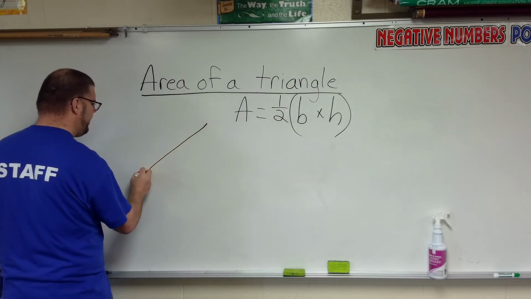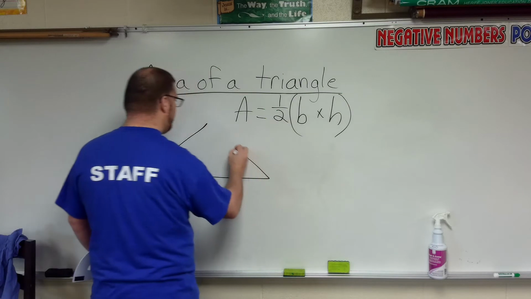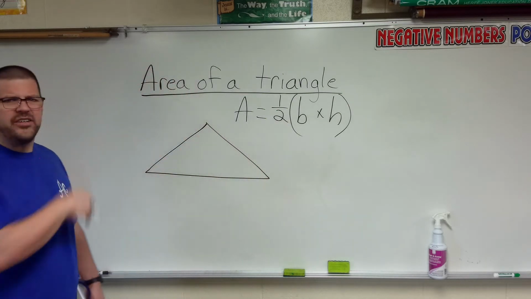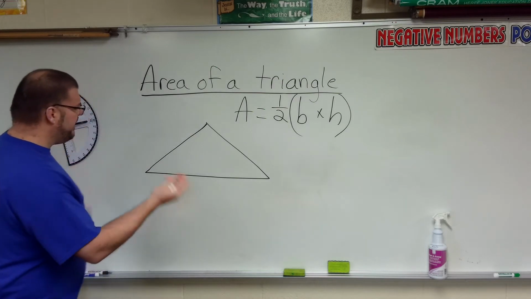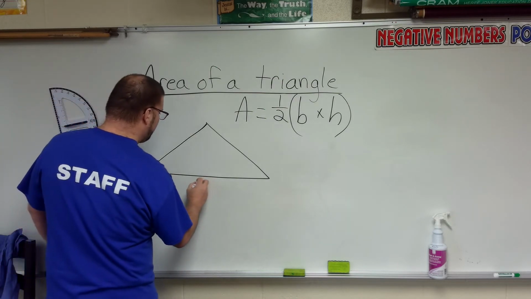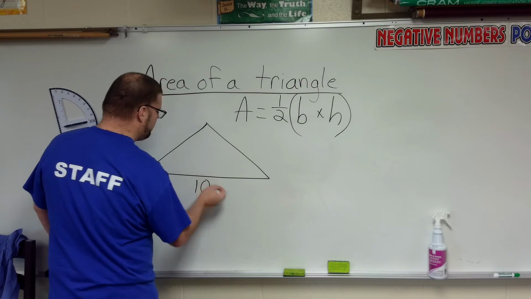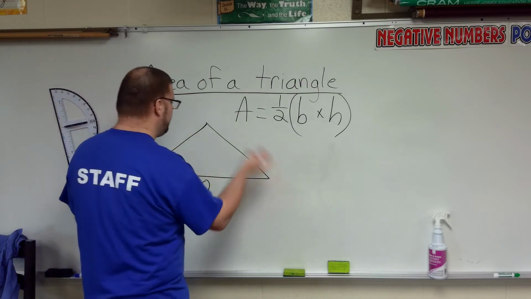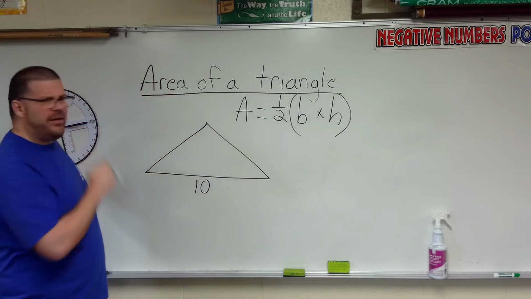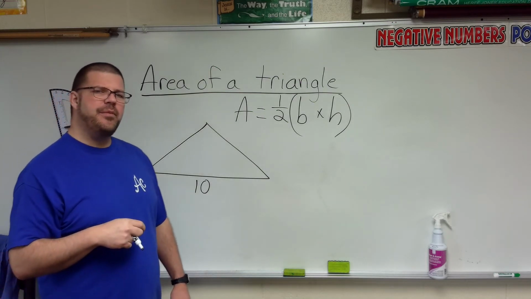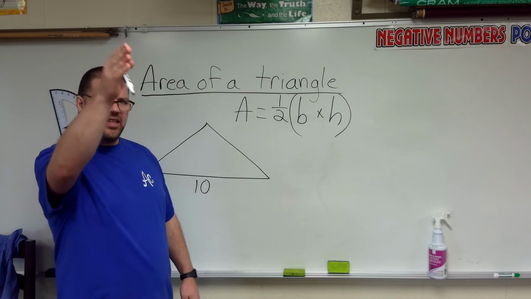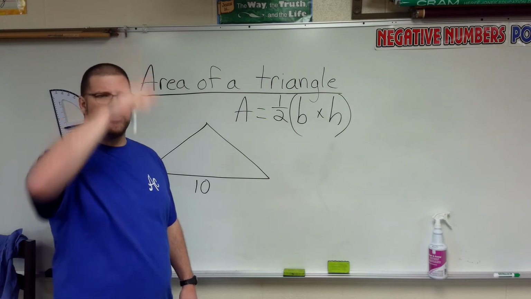Kind of comes over here, comes over here, comes over here. It's still a triangle, right? 3 sides. It's still a triangle. So, let's say I have on the bottom here 10. So the base is 10. Okay? And, well, how am I going to find the height? This is where math helps us a little bit. If you remember how we did some of those parallelograms, they gave you that little dotted line to kind of tell you how much the height was.